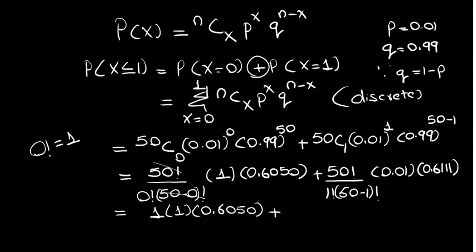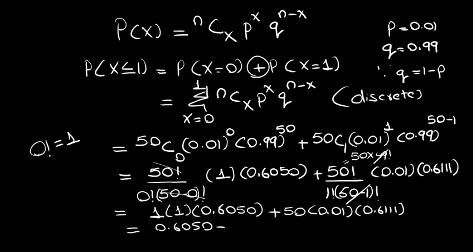So the 49 factorial gets cancelled, so you have 50 multiplied by 0.01 into 0.6111. If you write this, that is 0.6050 plus 50 into 0.01 into 0.6111, that will be 0.3055.